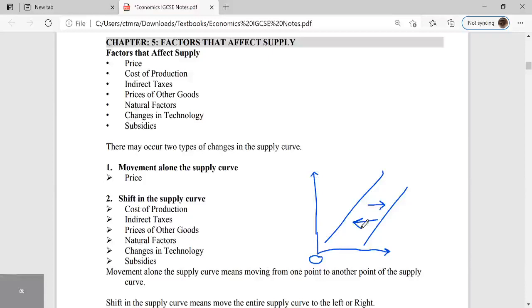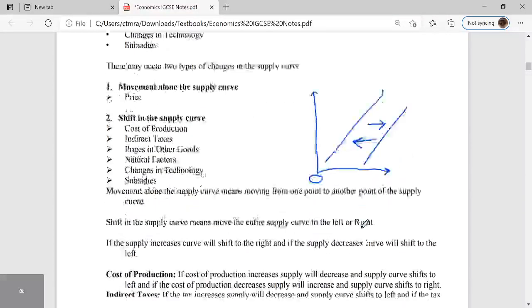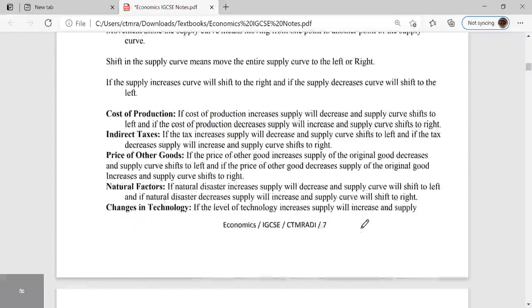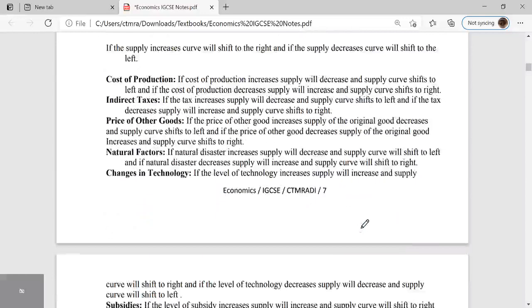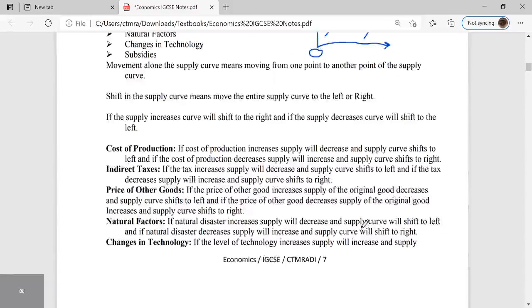So let's go through the non-price factors, like cost of production. Suppose cost, in terms of raw material, labor cost, or any other cost, rises. What will happen? There will be a leftward shift, because rising cost will reduce the profit for the supplier.